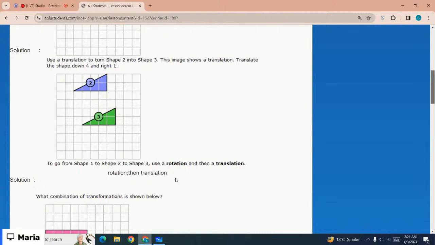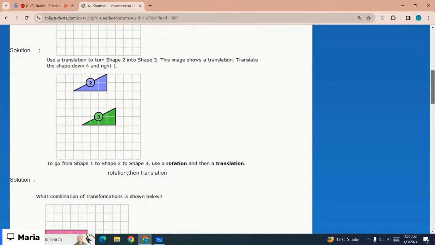From 1 to 2, that is a rotation, and then from 2 to 3, that is a translation. Got it? Translation means you move the whole triangle to exactly the new place, right? All three vertices are changed, right?